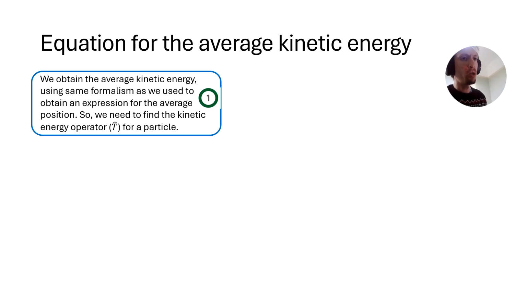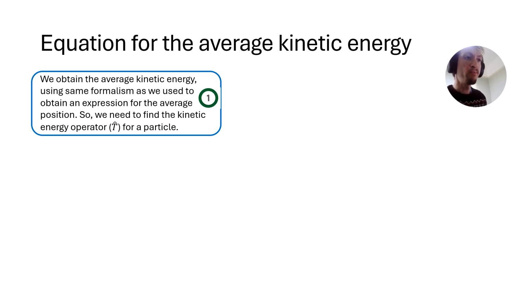But the kinetic energy of a particle and the kinetic energy operator are linked, and particularly we pick the kinetic energy operator to be the linear operator in an eigenvalue equation, such that when it acts on a free particle, so not a stationary state particle, this is very important, but a free particle, we get an equation for the kinetic energy of that free particle that agrees with classical mechanics.